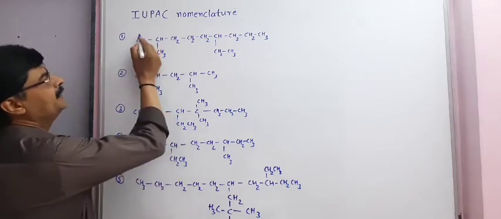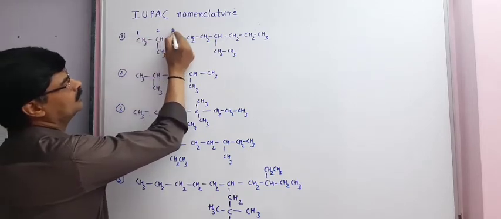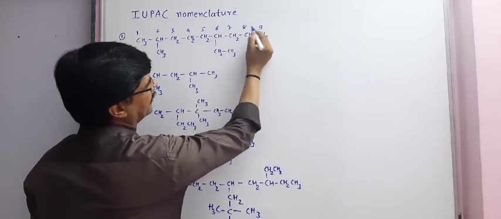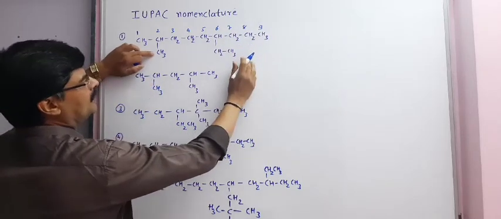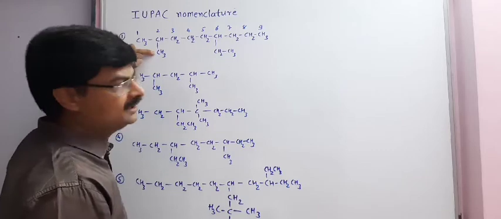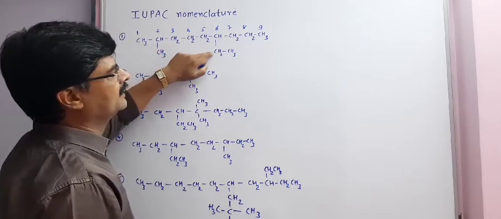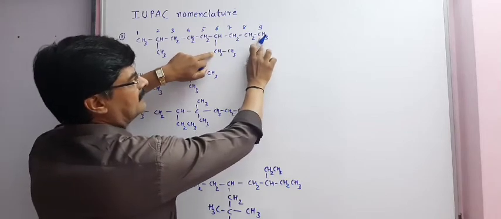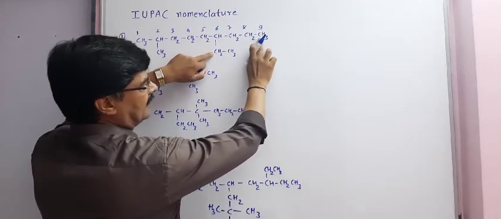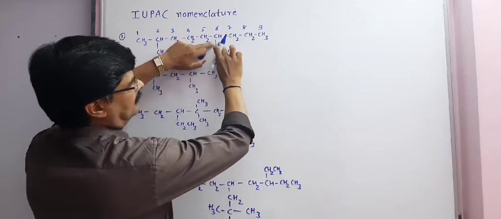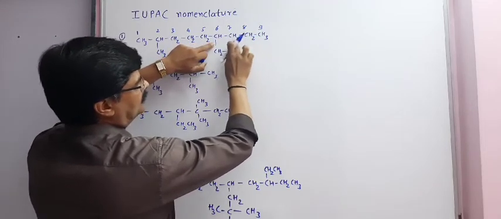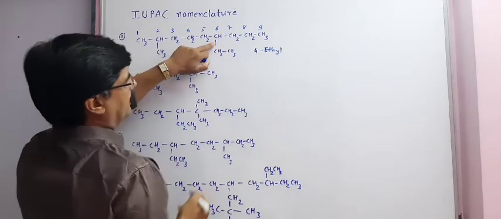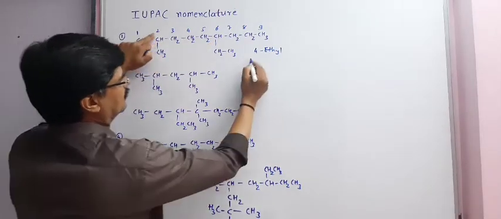But if we give numbers from here, 1 to 9, then the 2 number carbon will get a methyl substituent and the 6 number carbon will get an ethyl substituent. Now, if we had started the numbering from the right side, then we would get the ethyl group on the 4 number carbon and the methyl group on the 8 number carbon.